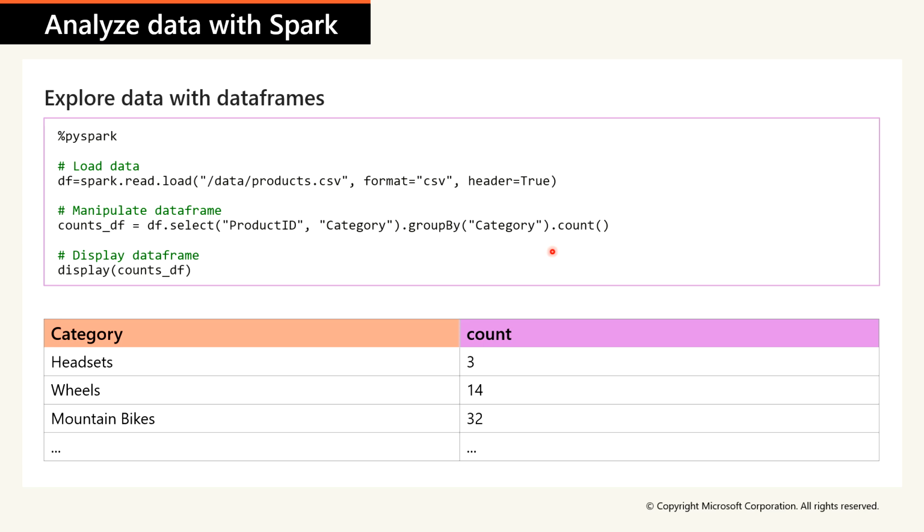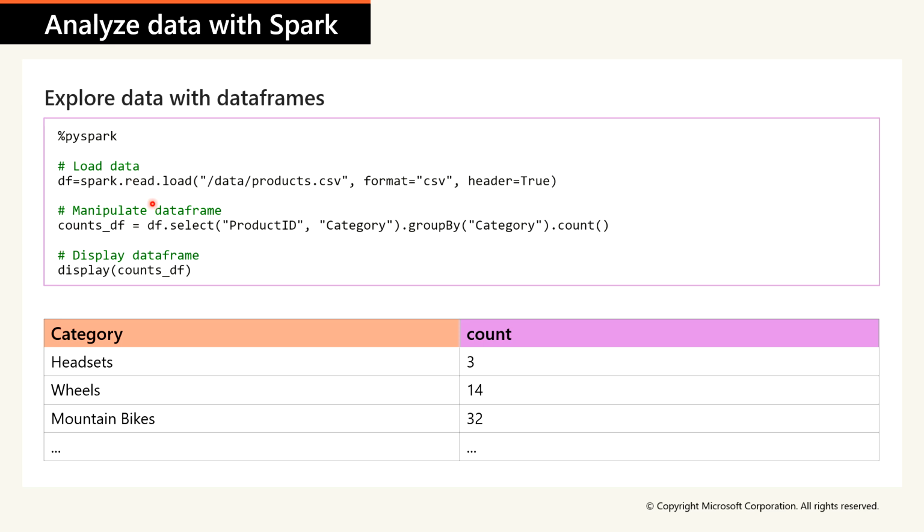In the next section, we'll be deep diving into how we can use PySpark with data frames. If you see this particular code, it says df is equal to spark.read.load. In the first line, we use the PySpark magic command, which tells the notebook how to use PySpark.